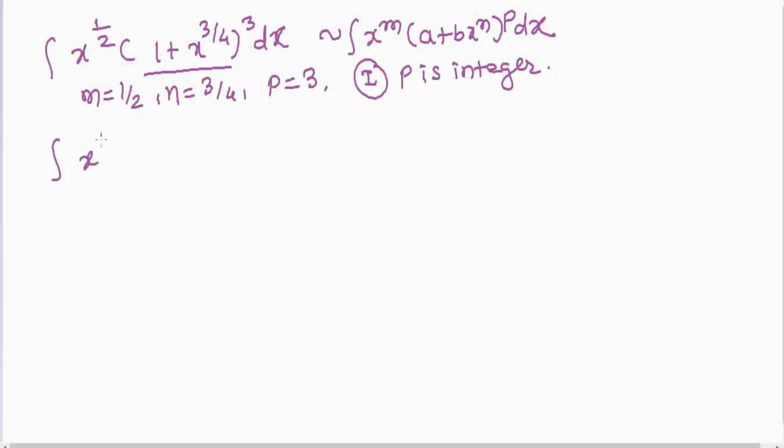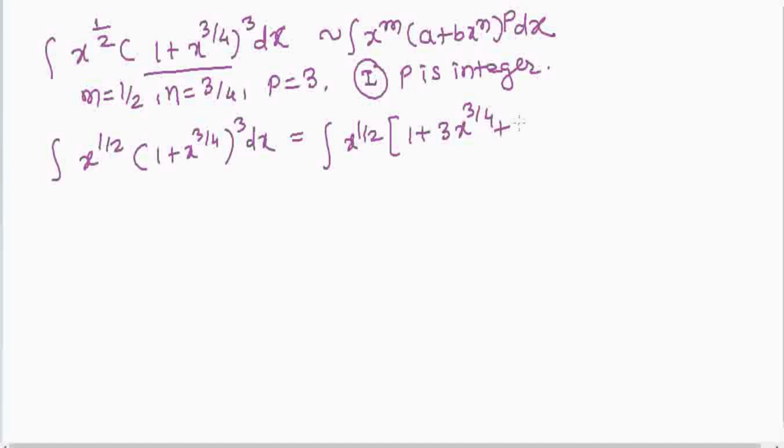The integration of x raised to 1 by 2 into (1 plus x raised to 3 by 4) whole cube into dx equals the integration of x raised to 1 by 2 into the expansion: the first term 1, plus 3 into x raised to 3 by 4, plus 3 into (x raised to 3 by 4) whole square, that is x raised to 3 by 2, plus (x raised to 3 by 4) whole cube, that is x raised to 9 by 4, into dx.